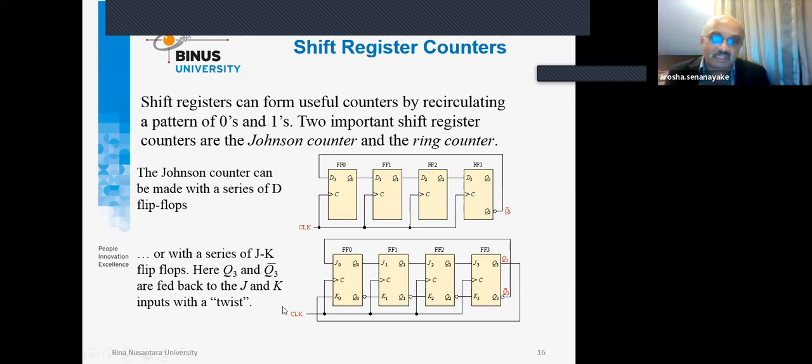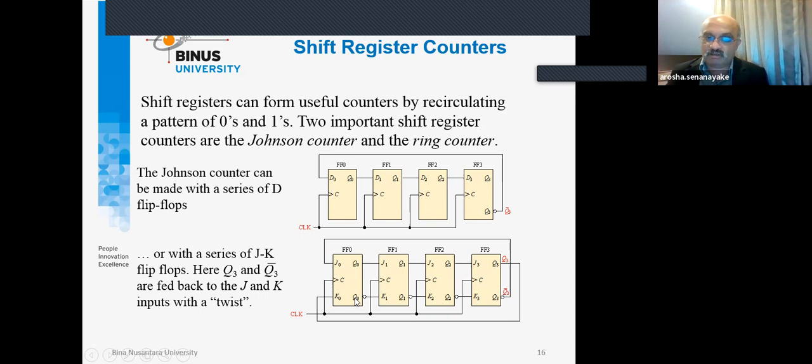The only thing is that the twist means the Q bar is connected to J0 in this case, and then Q3 is connected to K0. You know very well that to obtain a D-type flip-flop using JK, you normally put an inverter here, and the same happens here.